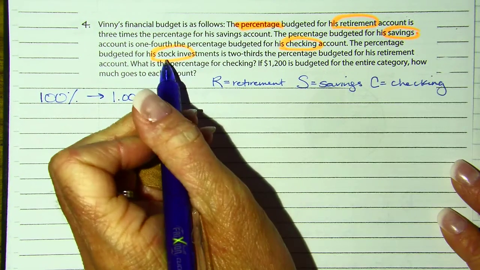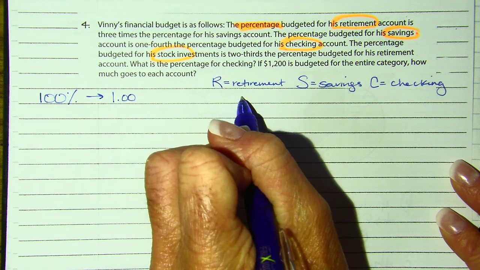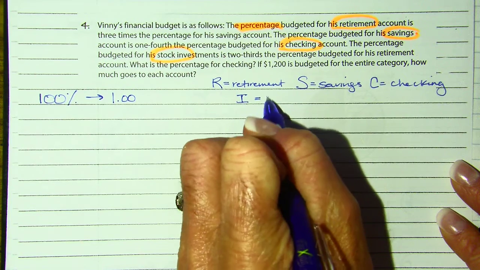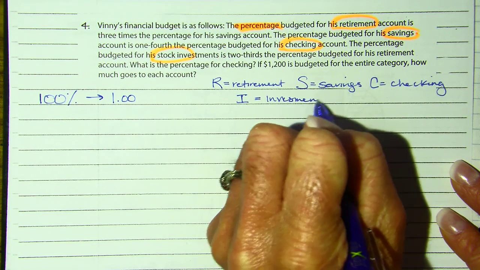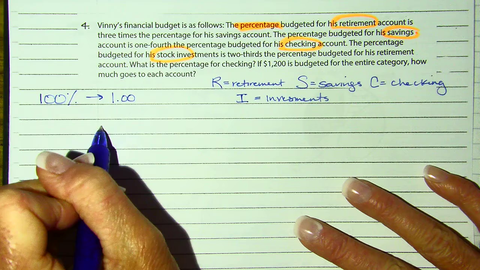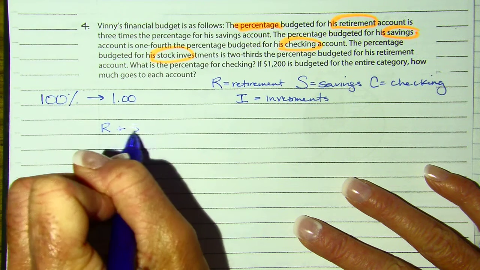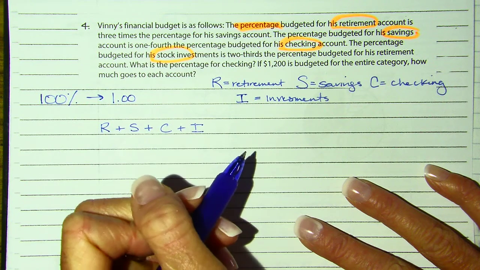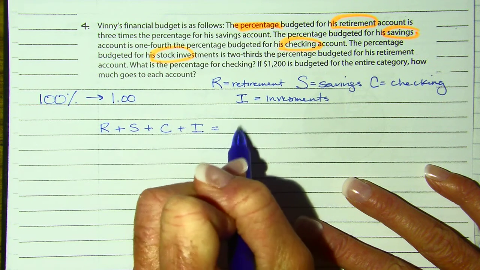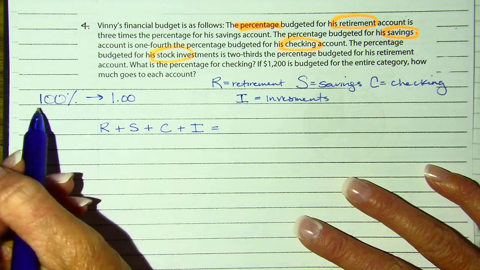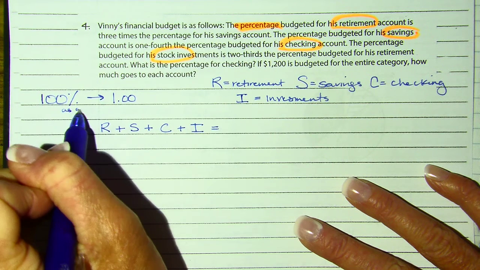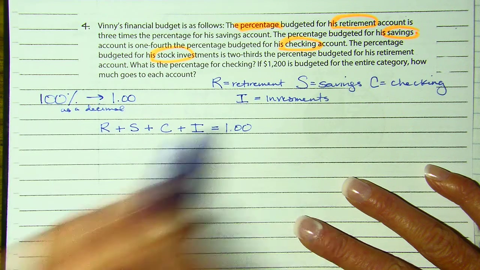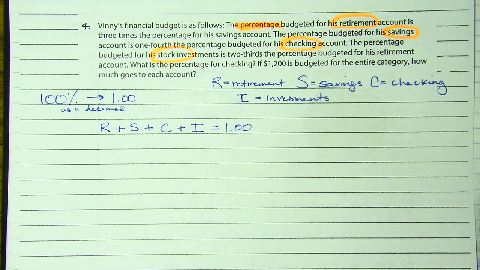And I already used an S for savings, so I'm going to use I for investments. So I know that all of these categories, if I add them together, must equal 100%. However, I know I can't write 100%. I have to make this a decimal. So 100% as a decimal is 1.00. So I know all of these together. Then it gives me the following.